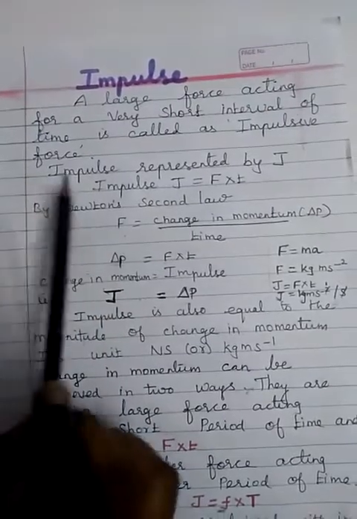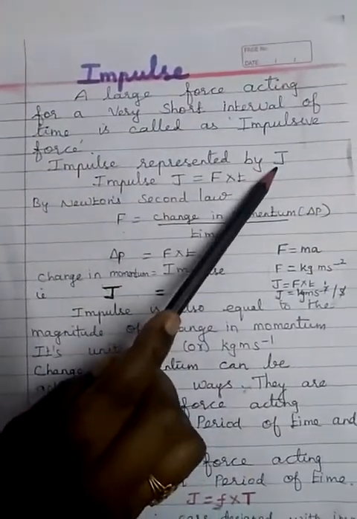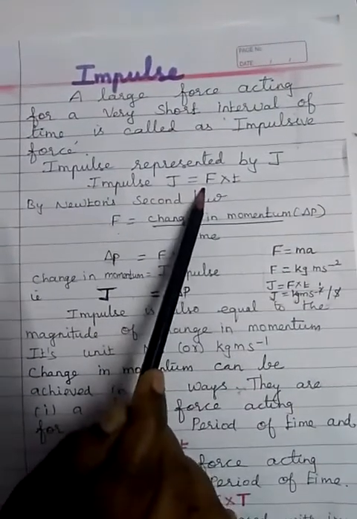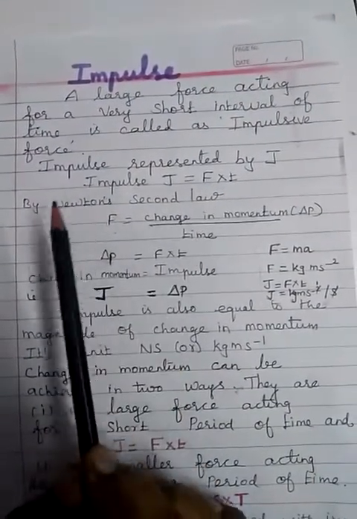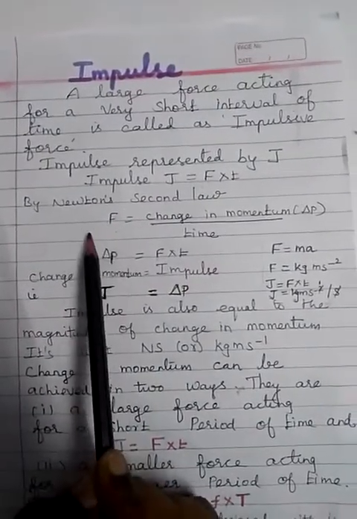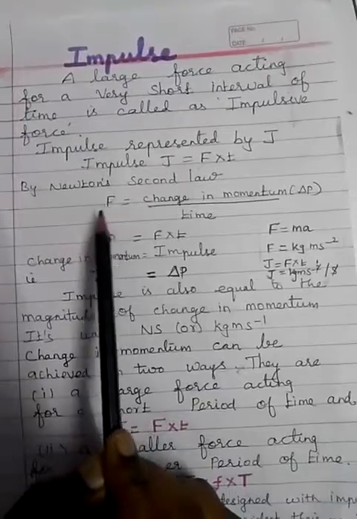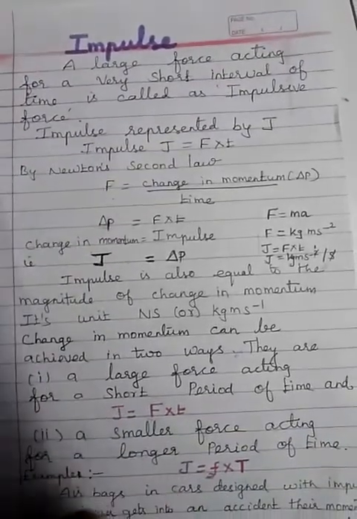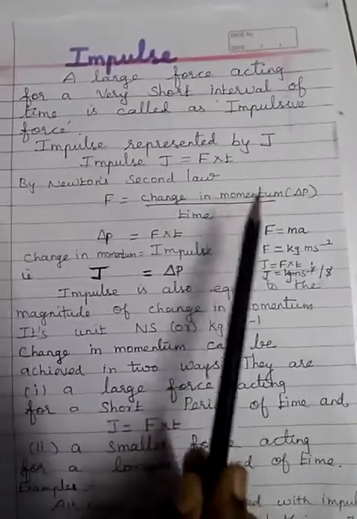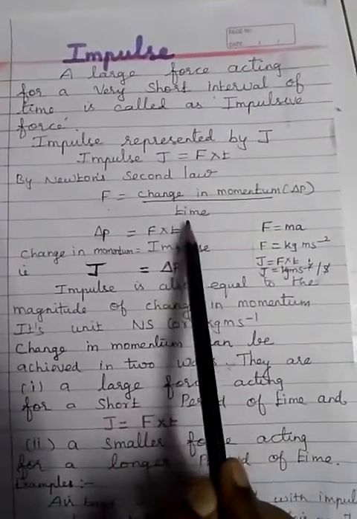Okay. So impulse can be represented by the letter J. J is equal to the product of force and time. By Newton's second law, you know what Newton's second law is? Force is directly proportional to the rate of change of linear momentum, isn't it? So we write F is equal to change in momentum, that is del P, with respect to time.